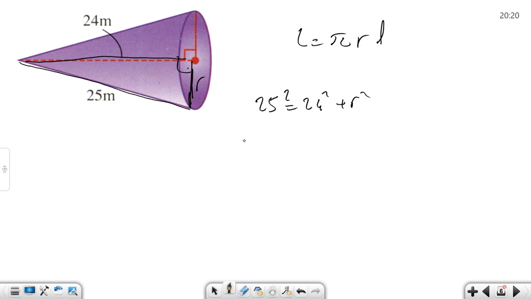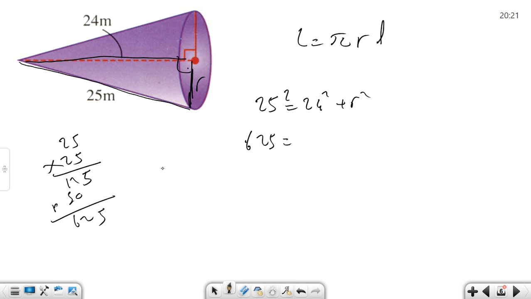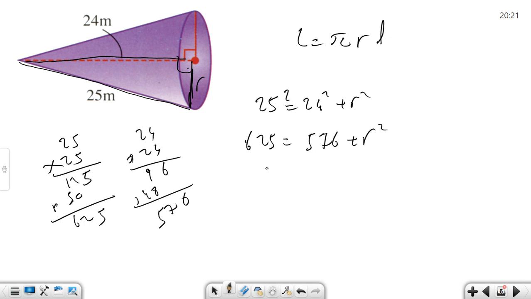25 square: 25 multiplied by 25 is 625. So 625 equals 24 square, 24 times 24, which is 576, plus r squared.